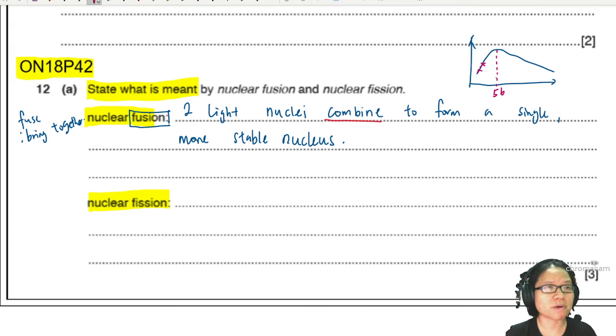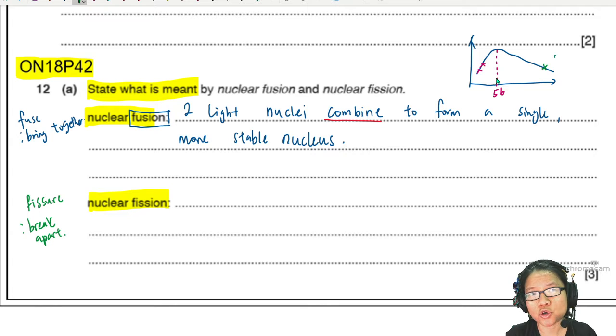What about fission? To fissure means to break apart. So we are breaking apart a nucleus. For example, the most famous one is uranium-235. It splits into daughter nuclei so that it can again approach 56.